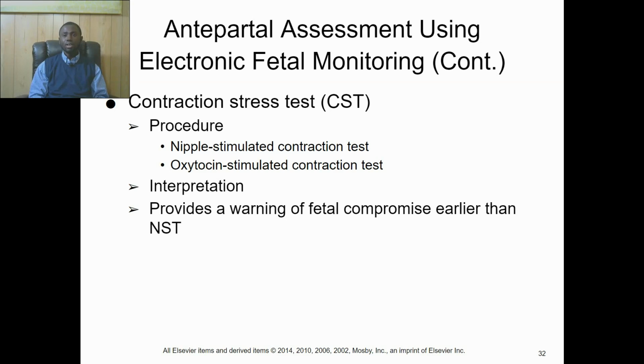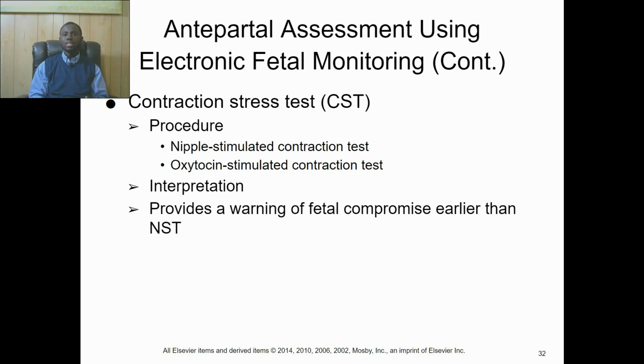In general, the contraction stress test cannot be performed on women who should not give birth vaginally at the time, or who cannot give birth vaginally at the time the test is done.